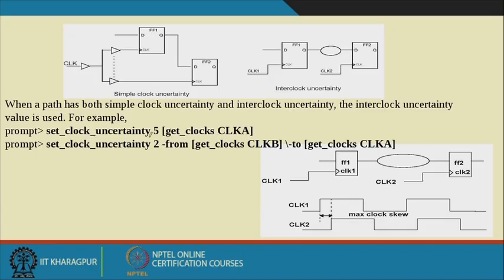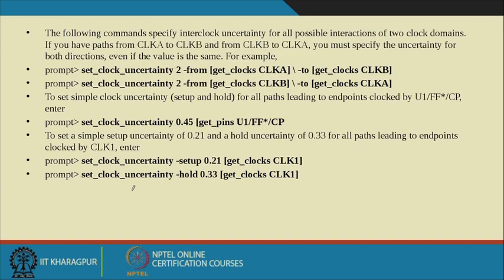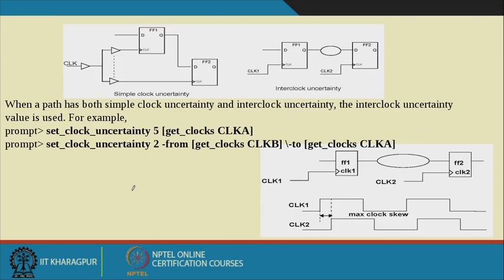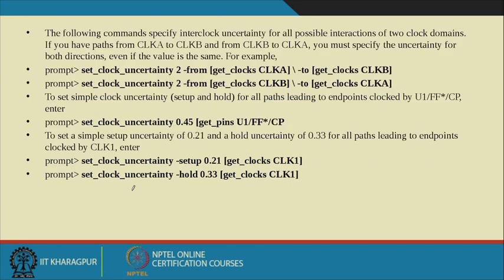So set_clock_uncertainty to 5 with respect to the clock, which clock I want to set the uncertainty for, that is clock A. Set_clock_uncertainty from clock B to clock A, that I can set. This uncertainty value will give me the values of skew. With respect to hold and setup also you can set.